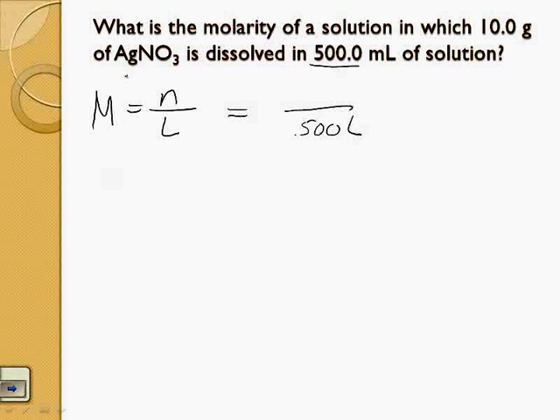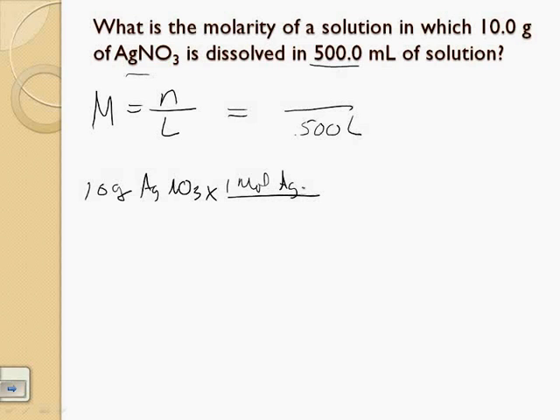And if I have 10 grams of silver nitrate, 10.0 grams of silver nitrate, and what I know is 1 mole of silver nitrate has a molar mass of 169.88 grams of silver nitrate.